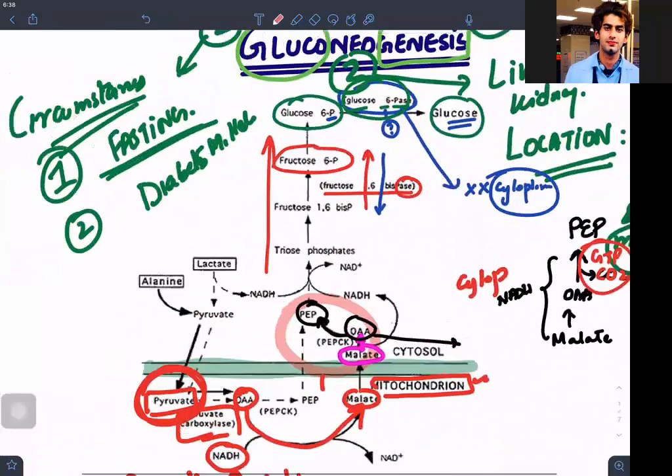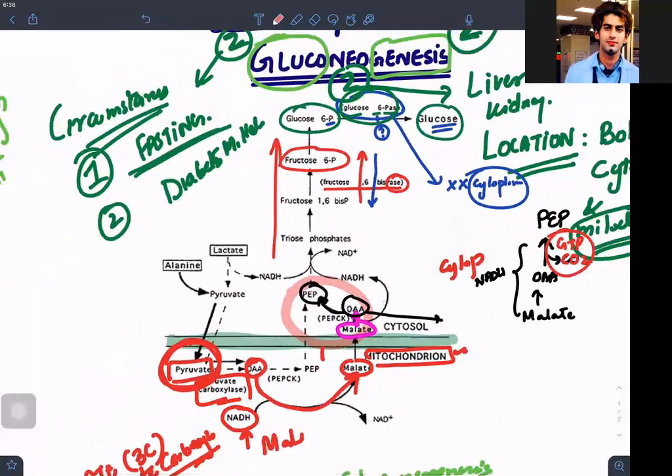This table is gluconeogenesis. You started with pyruvate. I'm giving you a review of gluconeogenesis in just 5 minutes. Everything will be done because you have watched yesterday's video. What is the purpose of gluconeogenesis? I want to make glucose. How? I would require 4 key enzymes in this pathway so that I could bypass the irreversible steps of glycolysis.